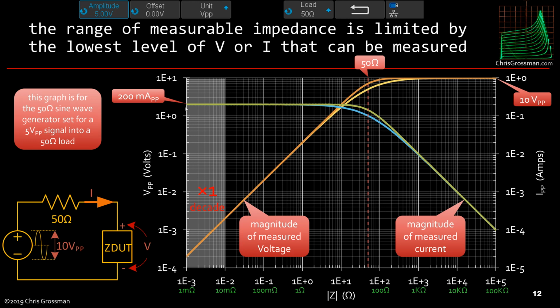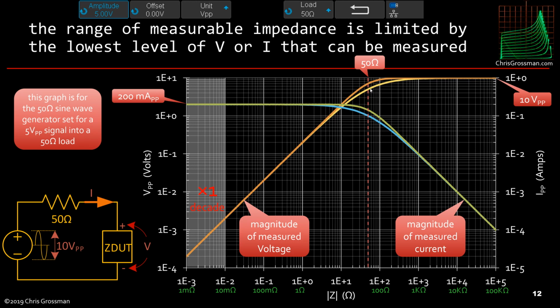And that's what this graph is showing. Down here is the impedance that's being measured. This is current, and the current is read off of this scale, and this line here is voltage, and the voltage is read off of this scale.